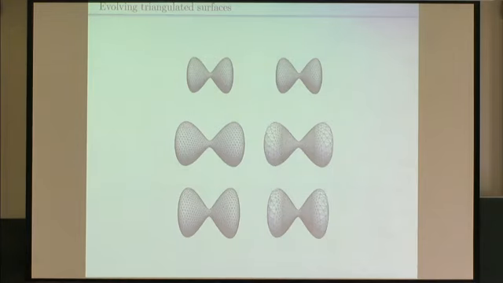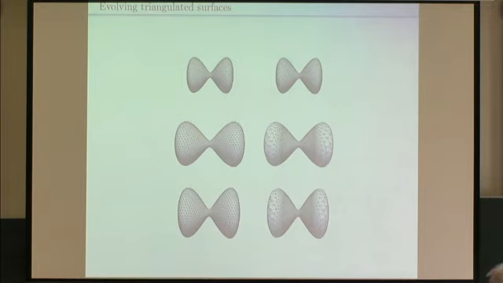So here are interpolated surfaces. This is a time evolution of a surface. That's the time evolution of the same surface. Each of these is an interpolation. The triangulations are exact in the sense that the vertices of the triangles lie on the surface. And so we can notice differences between them.